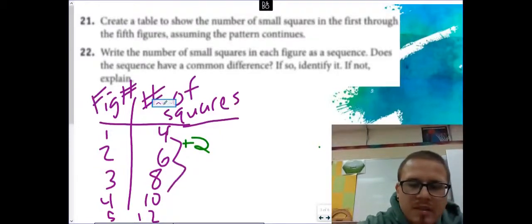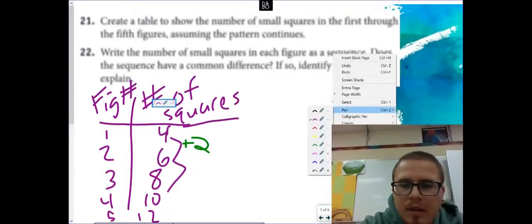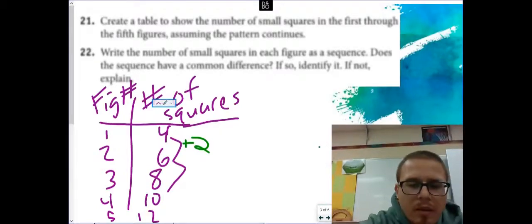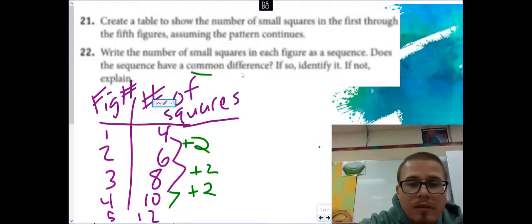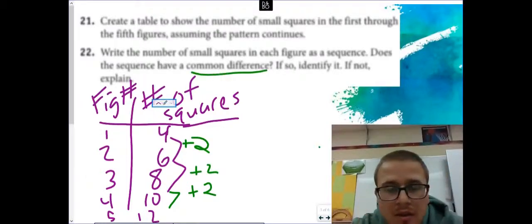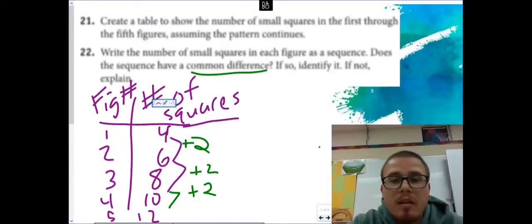From 6 to 8, I got it now, we went up +2. From 8 to 10, we went up 2. So the common difference, which is the difference between consecutive terms, is going to be 2.